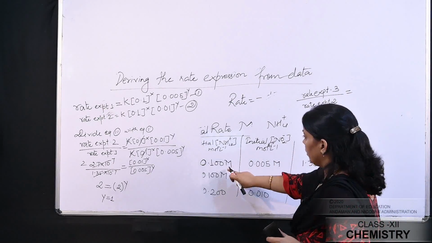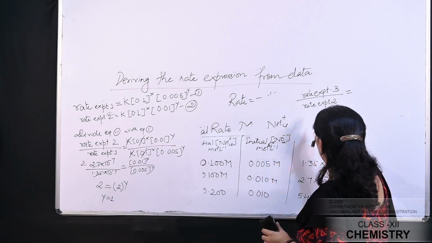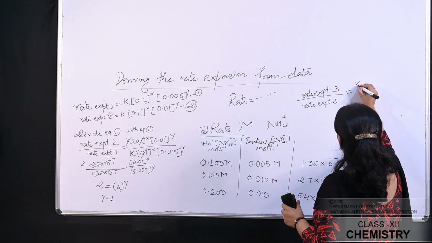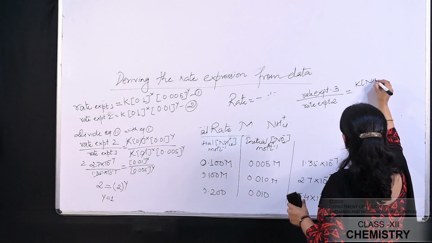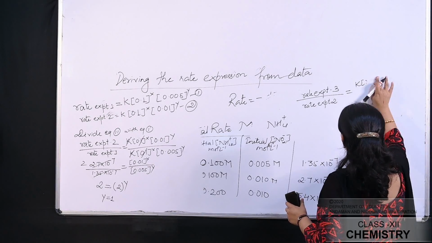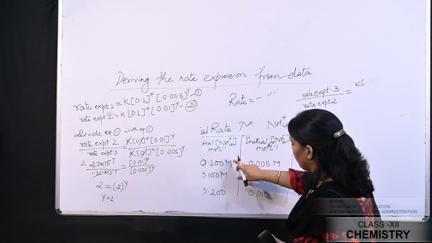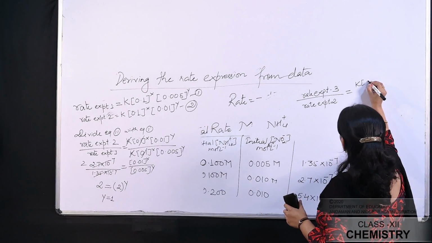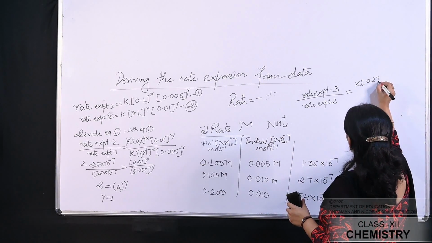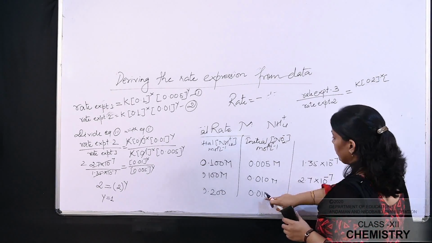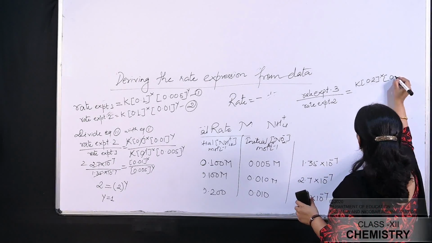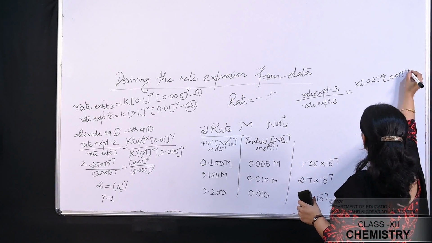So we get, what is the value for the rate for experiment 3? That is k[NH4+]. What is the molar concentration of NH4+ in experiment 3? That is 0.2 power x, and for nitrite it is 0.01 power y.